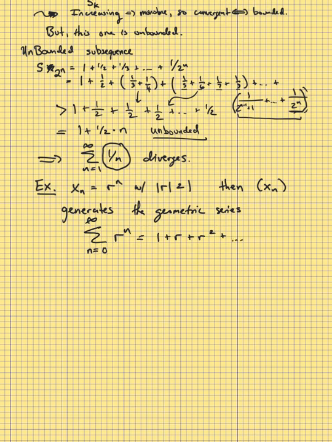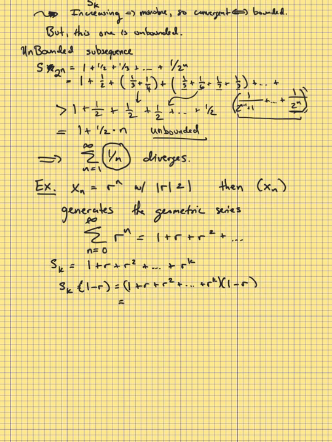So the s_k's are equal to 1 plus r plus r squared up to r to the k. And now we do our trick that we've seen before: s_k times 1 minus r is 1 plus r up to r to the k, times 1 minus r.